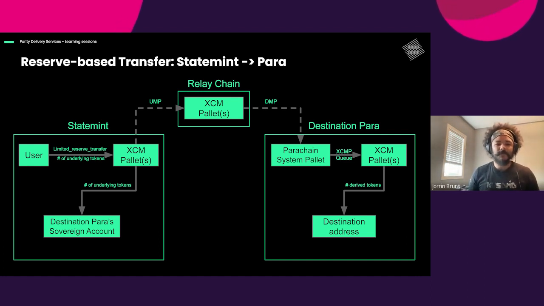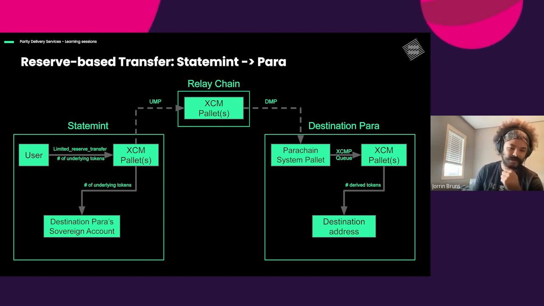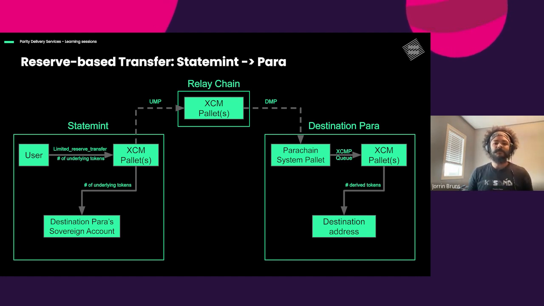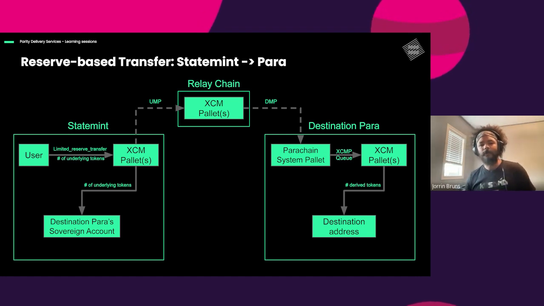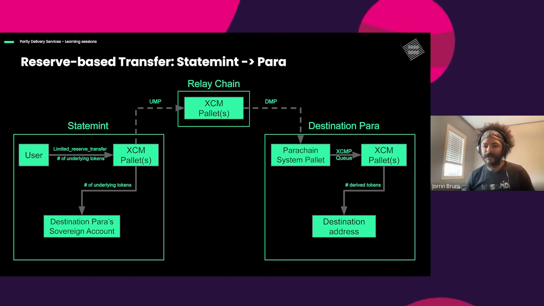Cool. And so after those tokens have been sent to the sovereign account, or at the same time, you're going to send an upwards message to the relay chain, which, as its name aptly suggests, is going to relay that message. It's going to take that upwards message and pass it down through the downwards message passing protocol. And similarly to the teleport, it's going to enter through the parachain pallet and pass on to the XCMP queue, which interacts with the XCM pallets, and then those derived tokens.